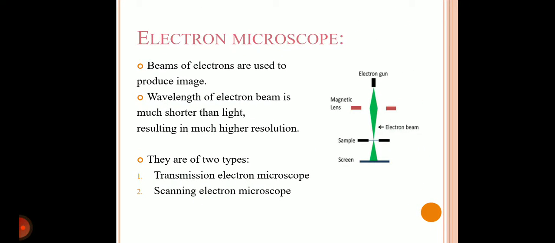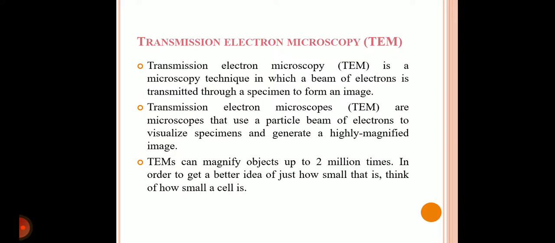So, electron microscope. In electron microscopes, a beam of electrons is used to produce images. The wavelength of the electron beam is much shorter than light, resulting in much higher resolution. Then there is the transmission electron microscope.